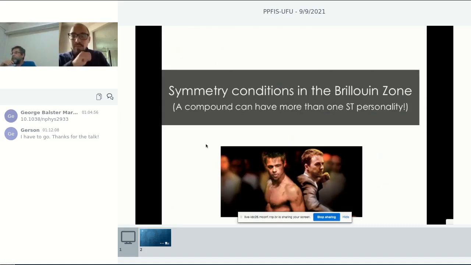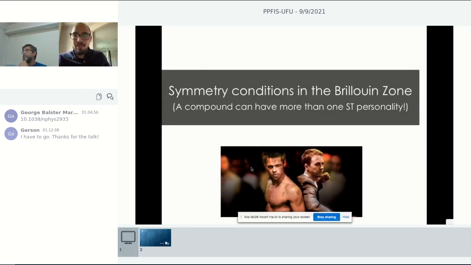So it turns out that for a given compound, we can move from one k point to another, and then if we find different symmetries, we will find different personalities of the spin polarization. And I like to put this with this film here, because essentially we only see one personality of the compound.